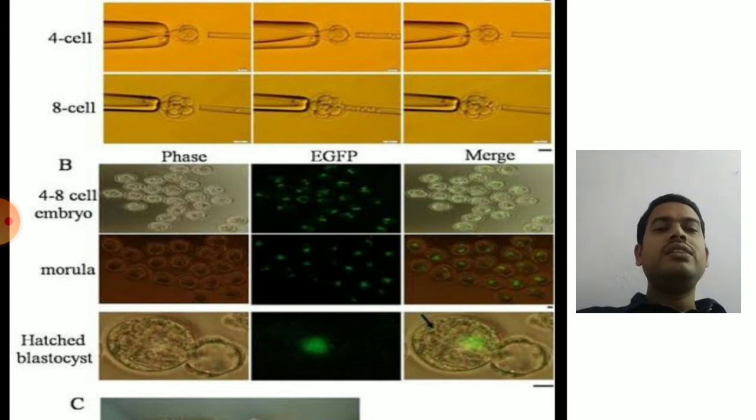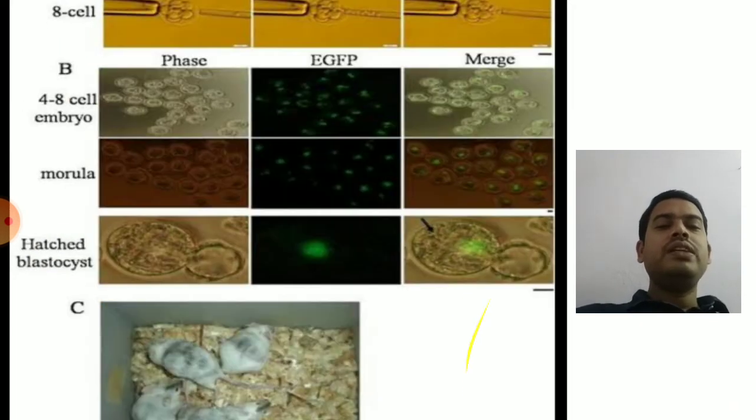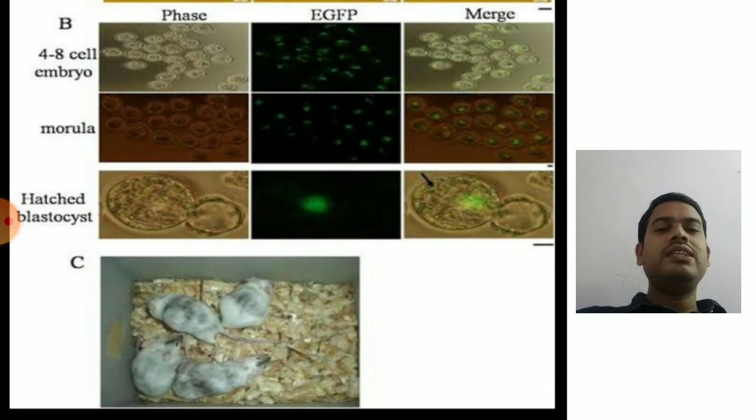And then this blastocyst can be used for developing the transgenic mice. So you can see the transgenic mice expressing the transgene. At the left bottom you can see the mice expressing the transgene, how they look.